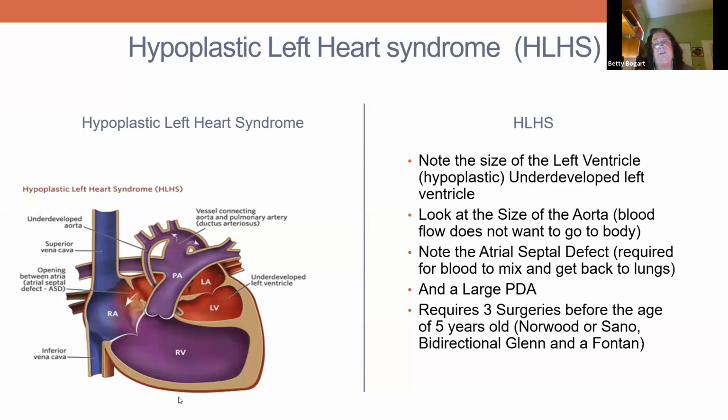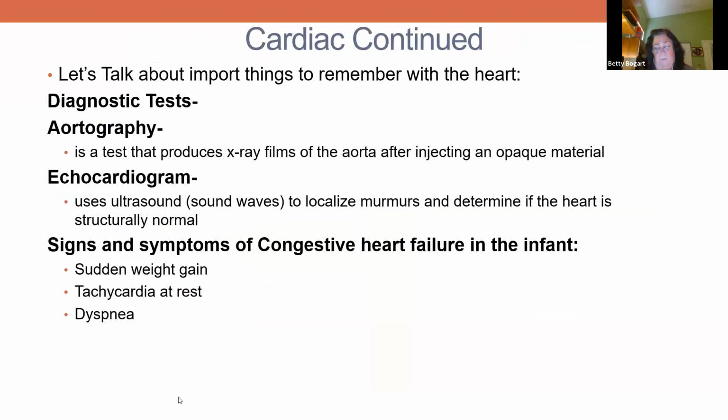And many of these children down the line, many of these get transplanted because their heart is just, you could see the aortic valve and the aorta very tiny. You could see there's a lot of stuff going on there, and just trying to get blood flow is really hard.